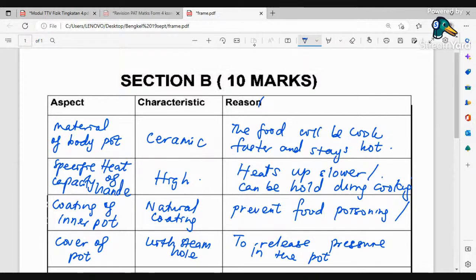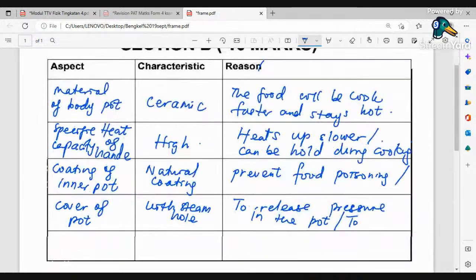Okay, ataupun to reduce high pressure, ataupun to reduce high pressure at high temperature.